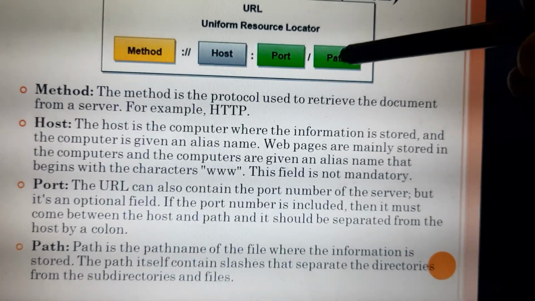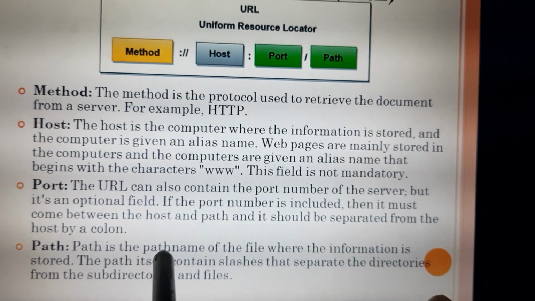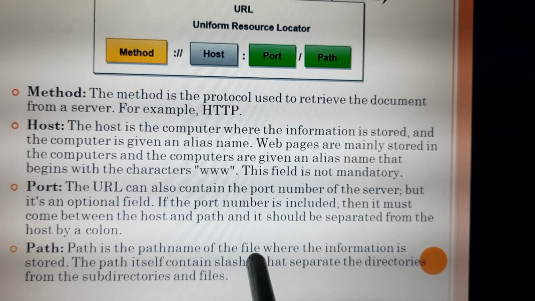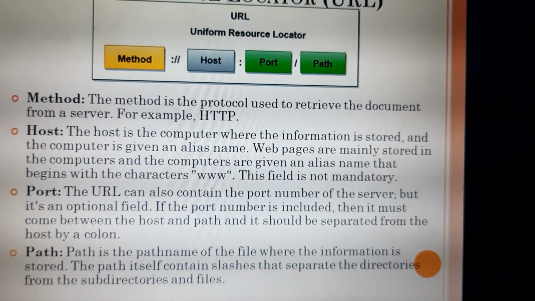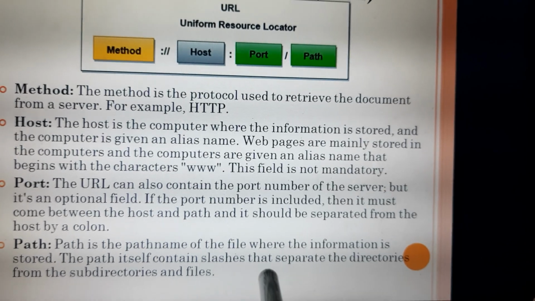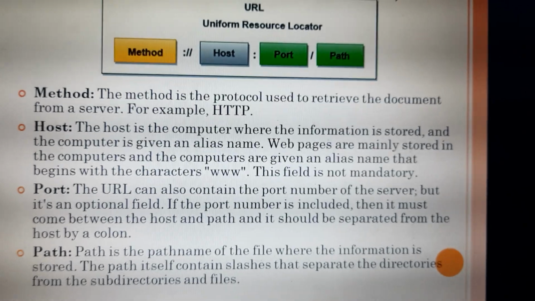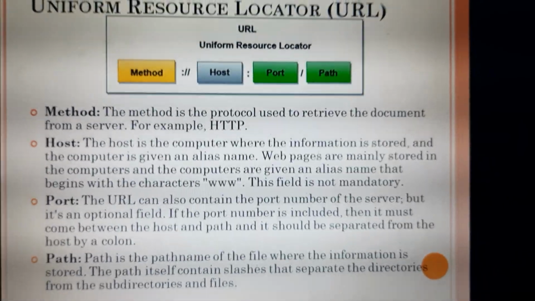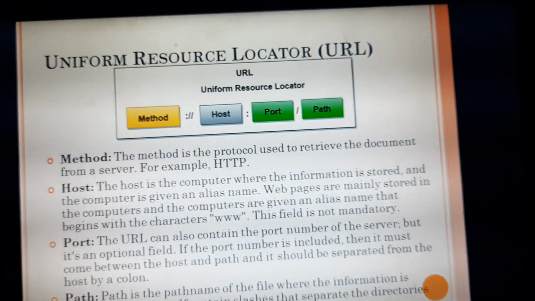That about us is the path name or the file name where the information about that ABC company is stored. The path itself contains the slashes. If we have more slashes, it means we have directories and subdirectories. This is how we can use the URL and its four parts.